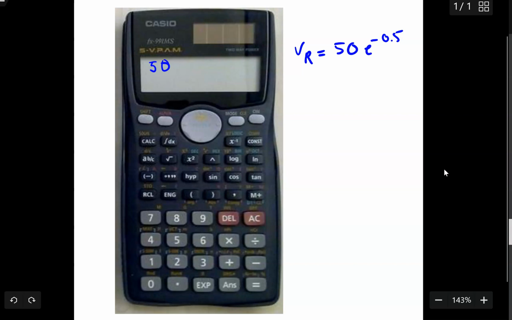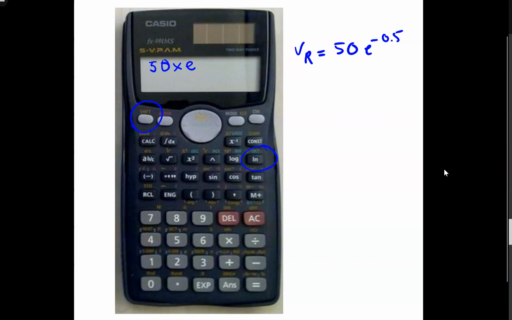Then, to be safe, I will press the multiplication sign. And then I press shift, and then I press the ln key, because pressing the ln key gives me the value e like this. So e will be like that.